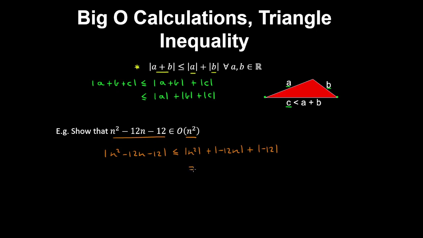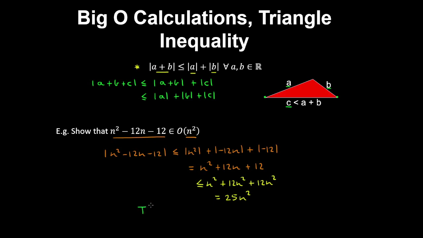So taking the absolute values, we obtain positive n squared plus 12n plus 12. And we know that this is less than or equal to n squared plus 12n squared plus 12n squared, which is equal to 25n squared.